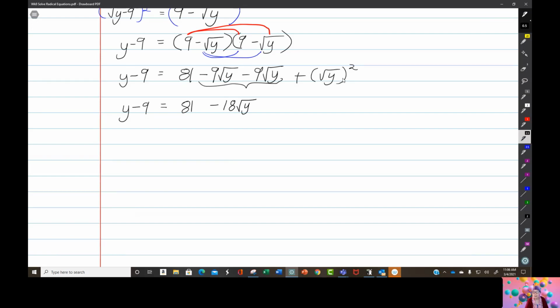And over here, we have the same situation where this square blows up that square root, leaving me with the radicand, now free. And now I have a radical term, and the rest are not radical terms. This is like the halfway point.